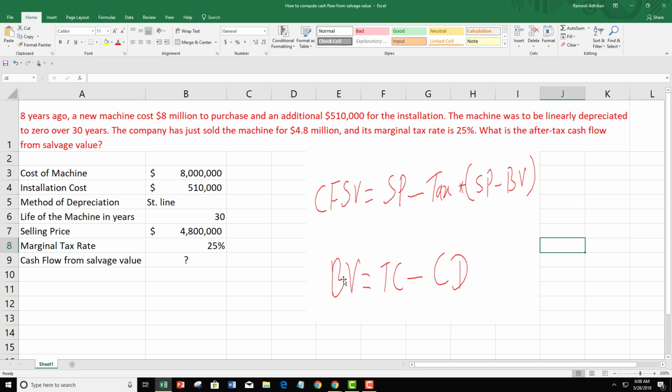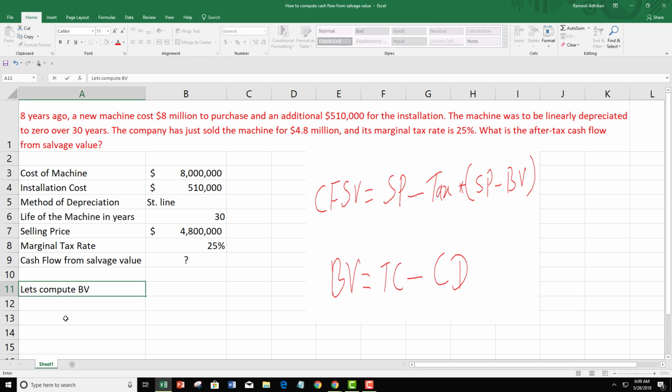And what is book value? Book value is basically the total cost of the machine minus the cumulative or accumulative depreciation. So in order to compute book value, let's see how we do that. Let's compute first the book value.